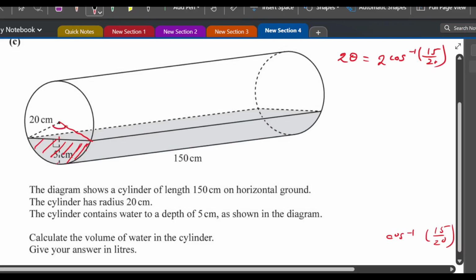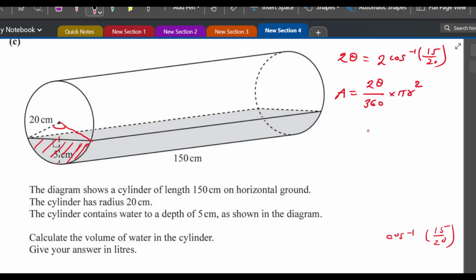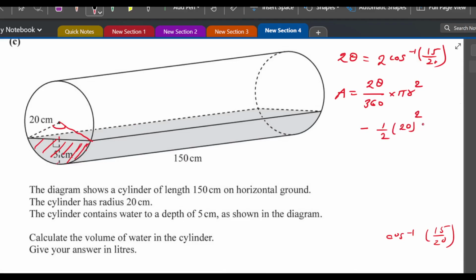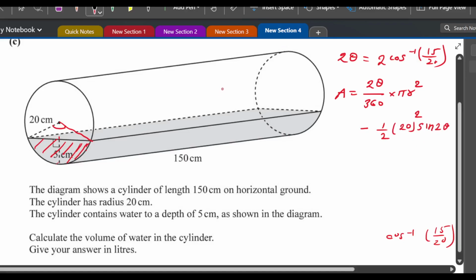Here there is a triangle. So my required area, I will say A, will be area of sector, which is 2 theta divided by 360 multiplied by pi r square, minus area of this upper triangle, which is half r square into sine theta. R is 20, so half r square into sine 2 theta I will say. Yes or no?